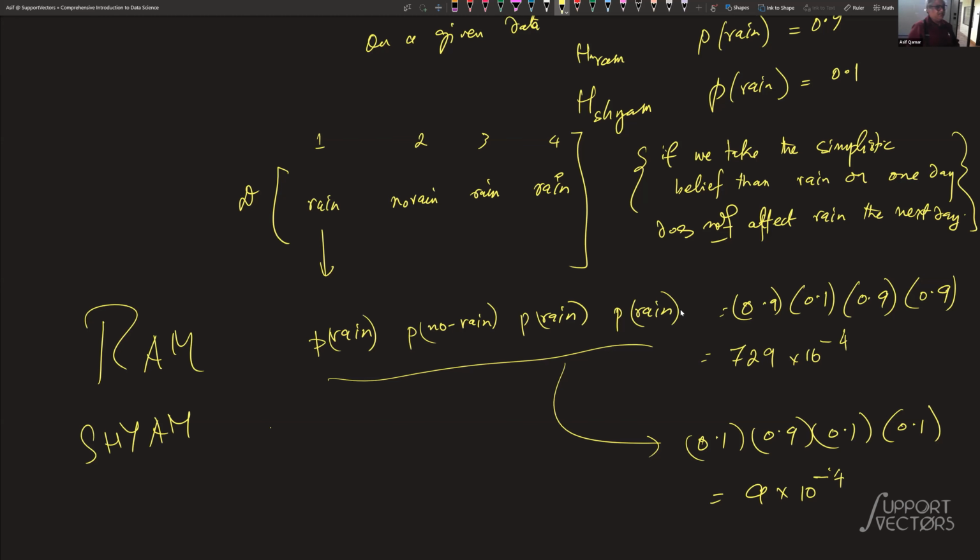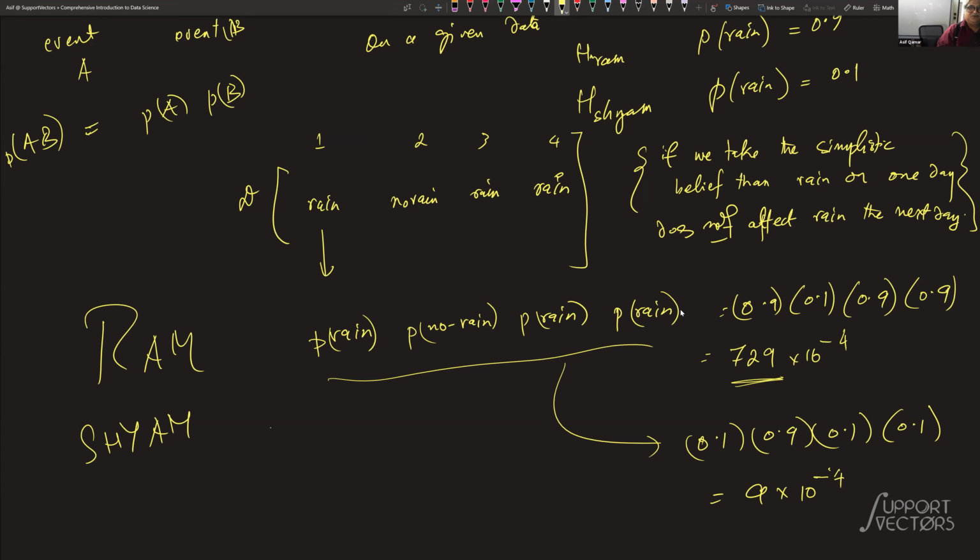You remember we learned in basic things that, suppose you have event A and event B, then the joint probability of AB, assuming independent events, is probability of A times probability of B. So generalize from that: if 4 days it rains, what happens? We could have taken only 2 days to prove our argument, but I took 4 because 2 looks like too little data. The joint probability according to Ram is 729, right?